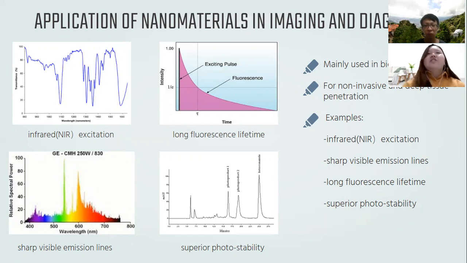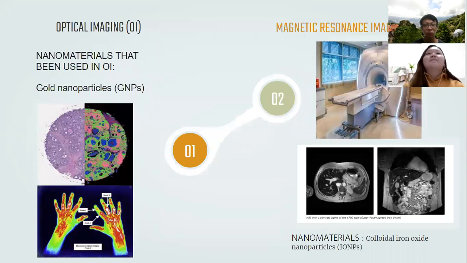The application of nanomaterials in imaging and diagnosis, which is also called the bioimaging field, is mainly for non-invasive and deep tissue penetration. Examples of the images that can be produced by the use of nanomaterials include near-infrared (NIR) excitation, sharp visible emission lines, long fluorescent lifetime, and also superior photostability. Next.